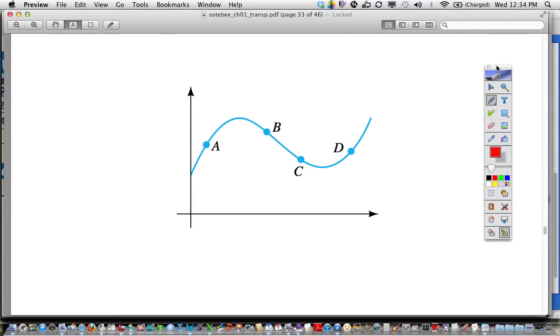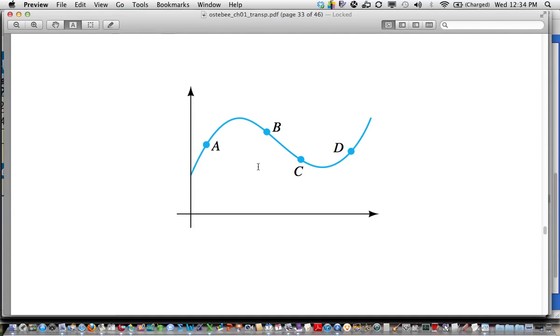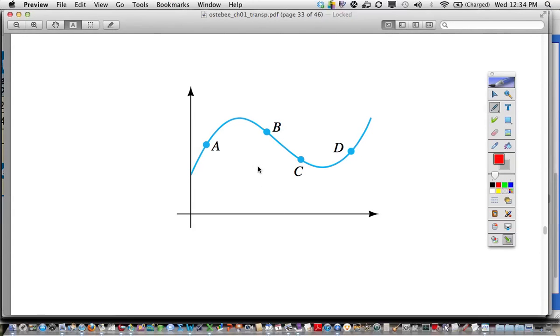Why are the slopes positive at A? Brittany, say that again. It's increasing. That's perfect. Except here's the bad thing, and I promise you, I'm going to say that bad thing like 15 times today. She said it's increasing.